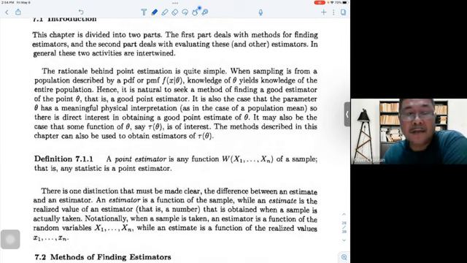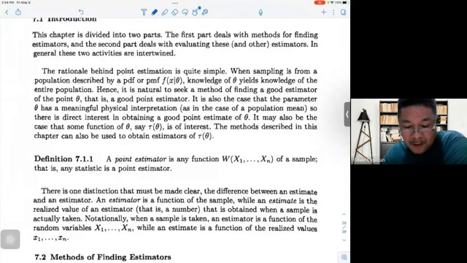When sampling is from a population described by a PDF or PMF, f of x given theta, take note that theta is unknown but fixed, and x varies on the support. So knowledge of theta yields knowledge of the entire population.